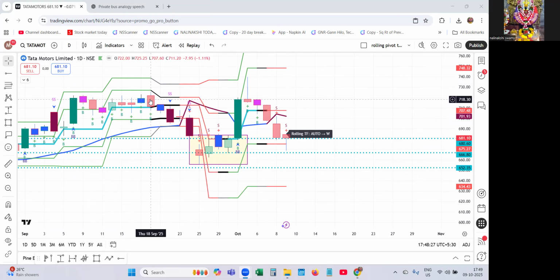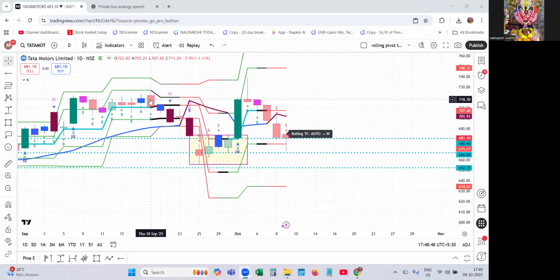Narrow range bars forming quietly, just like the bus waiting again before the next move. It is waiting because it has to catch more passengers. The bus has to fill with passengers. Then only it can move.